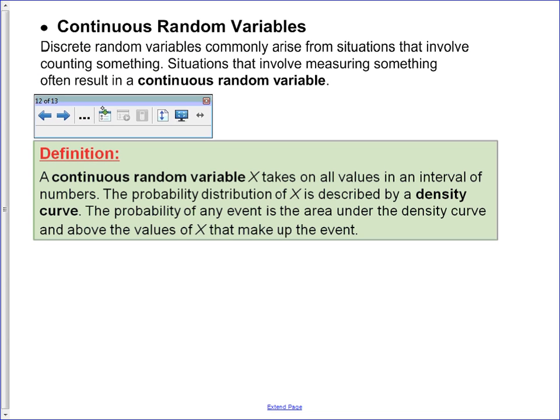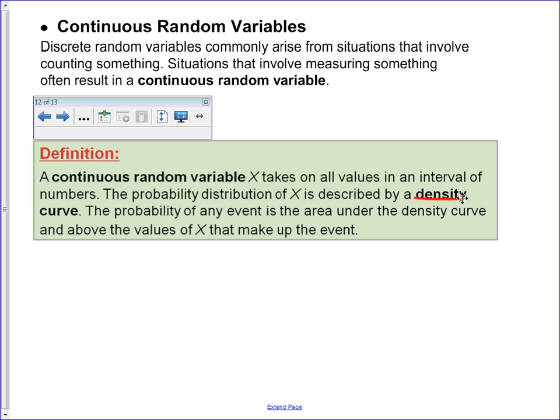Continuous random variables are easy. A continuous random variable is where it's continuous, and so the only way to do it is to look at the probability of being between two values. So you can read this down. The key is that a probability is going to be described by a density curve.